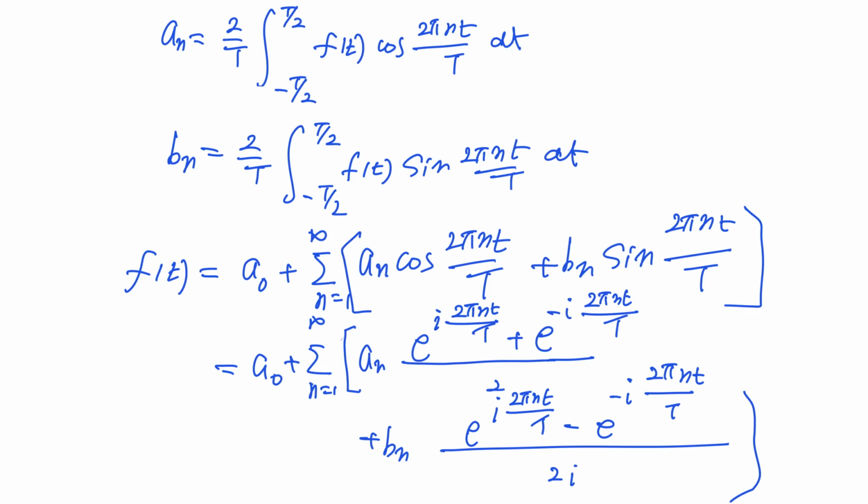So if we continue with this, we started with the original definition of the Fourier series, right? And then we replaced cosine and sine using Euler's formula.